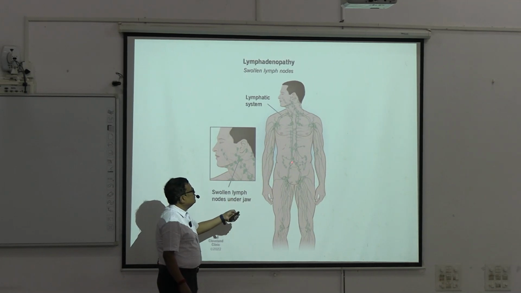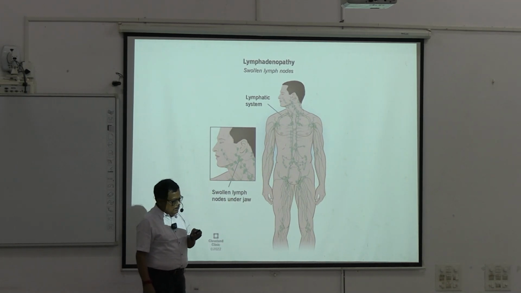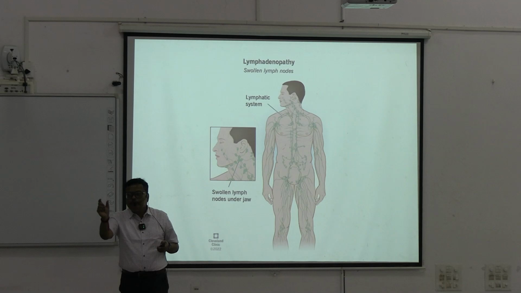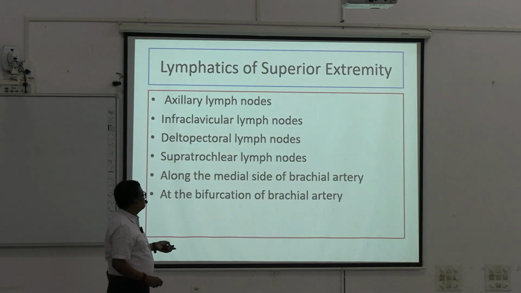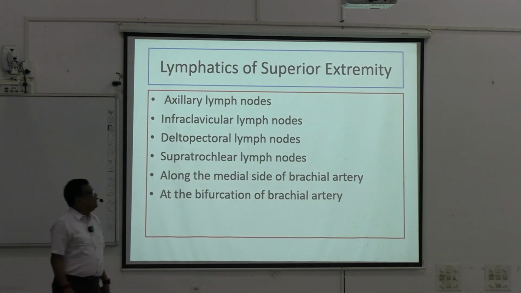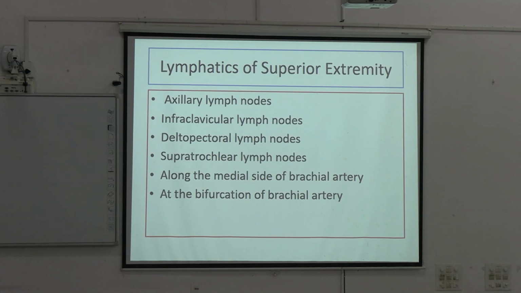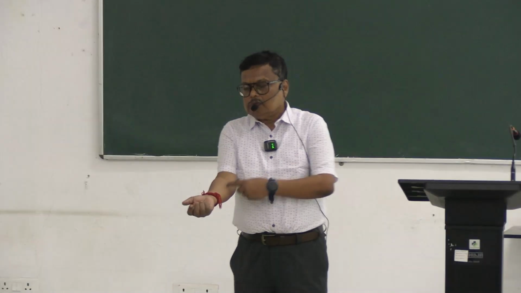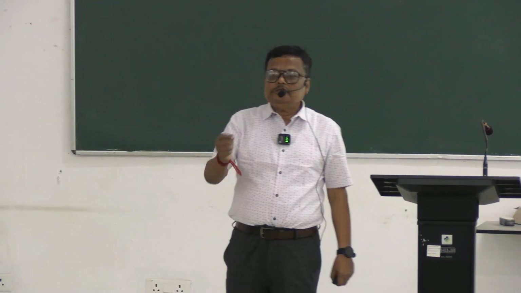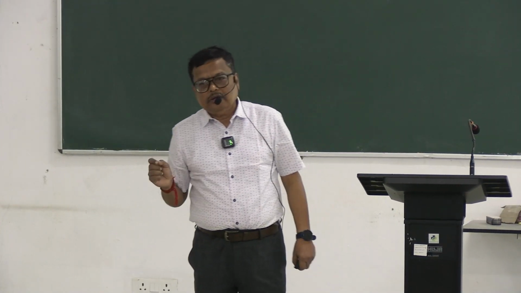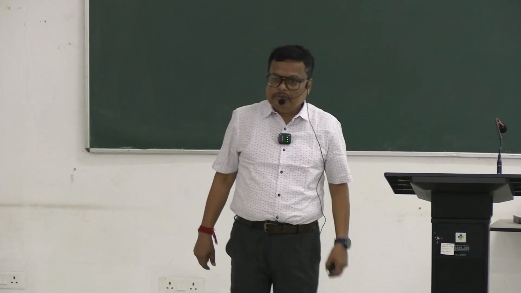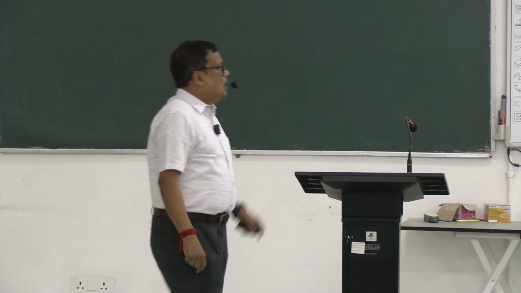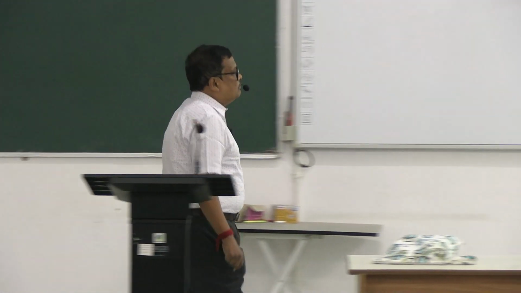There are so many lymph nodes and they have specific draining areas. To study the lymphatics of the superior extremity, we have to have an idea about the lymph nodes, because we cannot examine the lymphatic duct unless infection is there, but lymph nodes we can examine. So an idea of the axillary lymph nodes is very important.